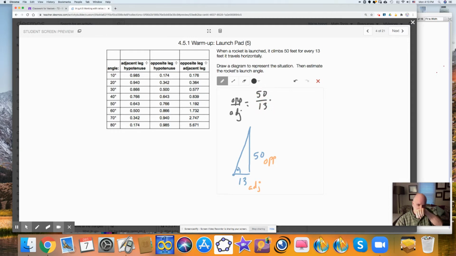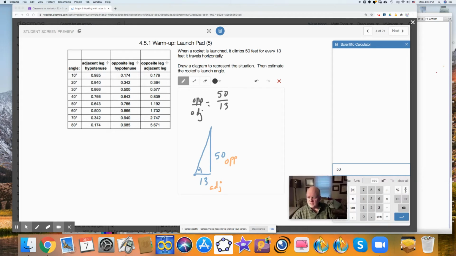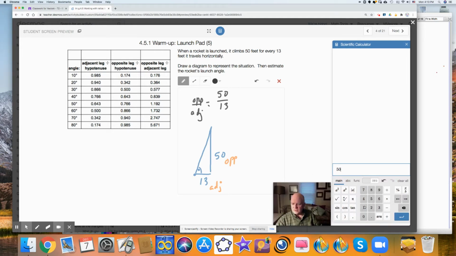And if I do this with a calculator, I do 50 divided by 13. I get 3.846, which would round to 3.8. So this is about 3.8.